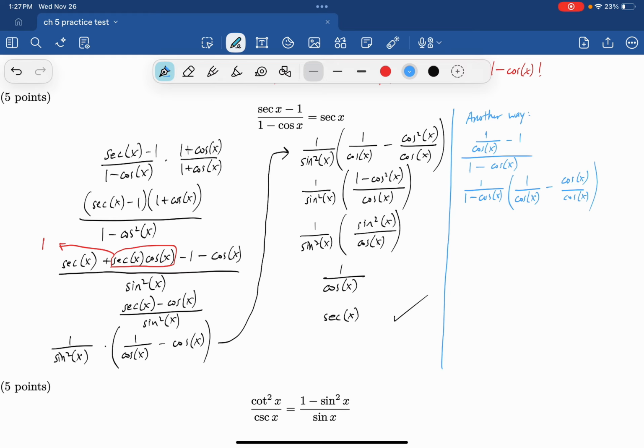And so actually, everything cancels out. And we're left with just 1 over cosine x, which is equal to secant x.